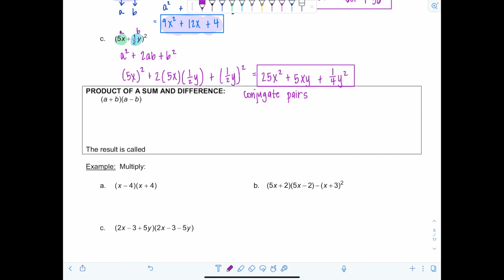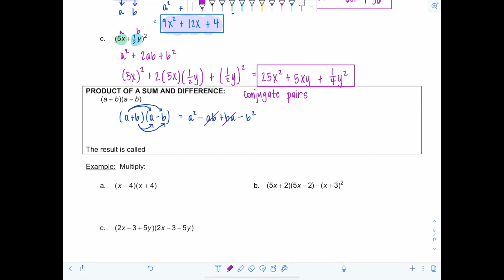So the first time I'll do it the long way so we can see what's going on. If you take a plus b times a minus b, a times a, that's a squared. That's a times negative b, minus ab, plus ba, minus b squared, right? Because one was positive, one was negative. And then look what happens. I have a negative ab and a positive ba.